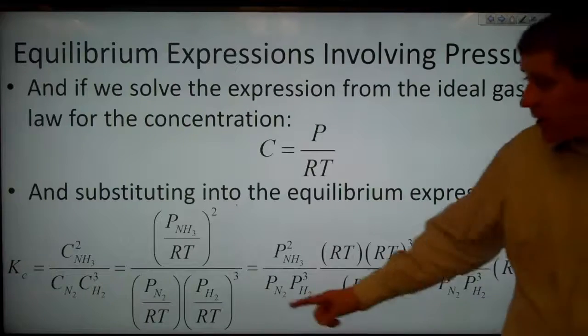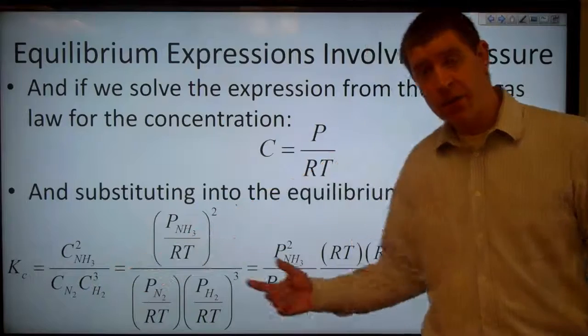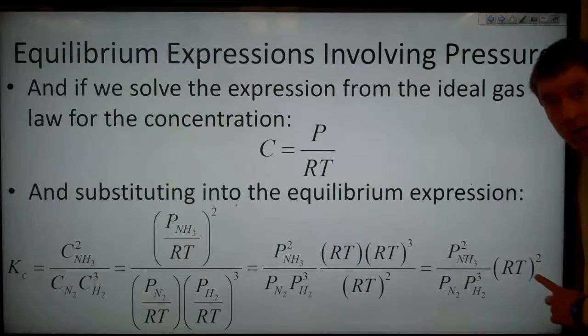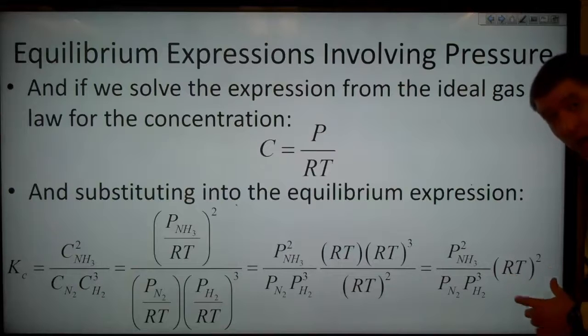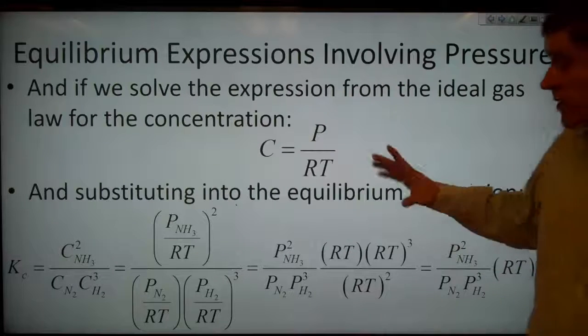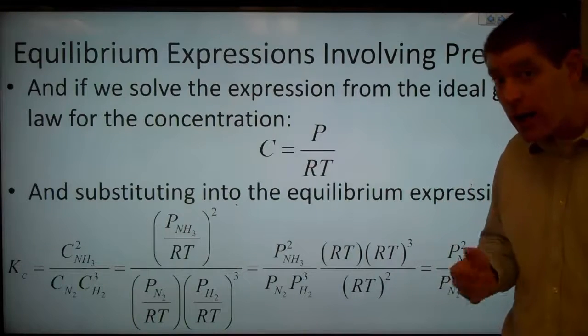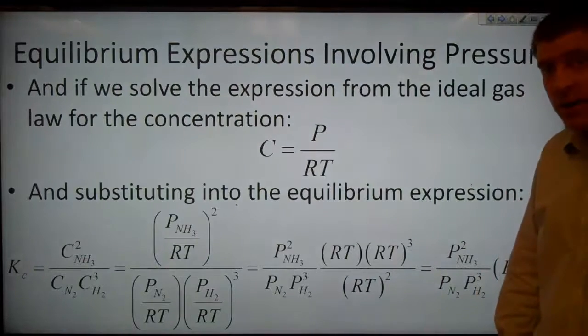If we have a different equilibrium expression, we may have a different power on our RT term. It may be RT to the first power, it may be RT to the third or fourth power, it may be a negative exponent. It depends on what reaction you're looking at and what sorts of powers you have on your reactants and products.